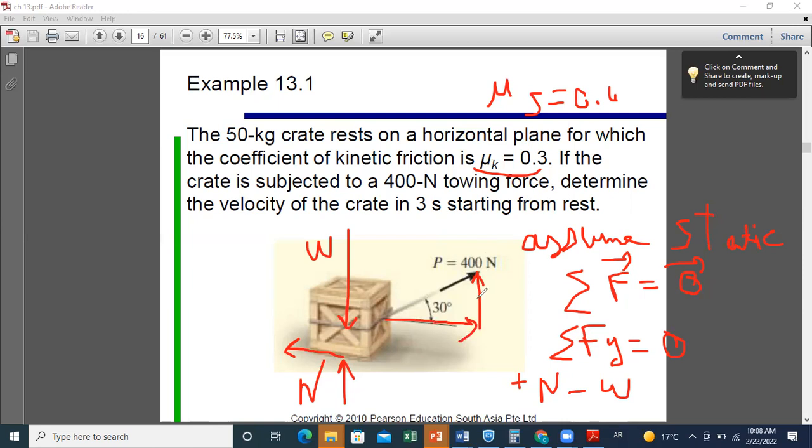The vertical component of P is plus 400 sine 30 equals 0. So the normal is equal to the weight, which is 500, minus 400 sine 30, which is 200. So 500 minus 200 equals 300.